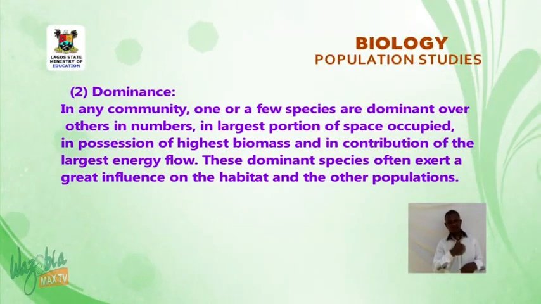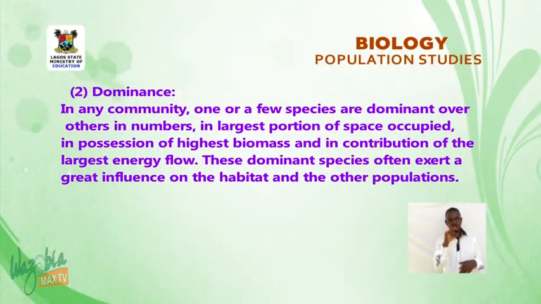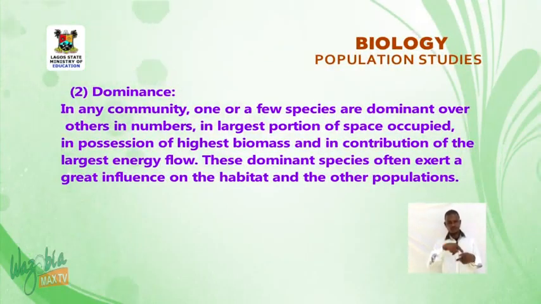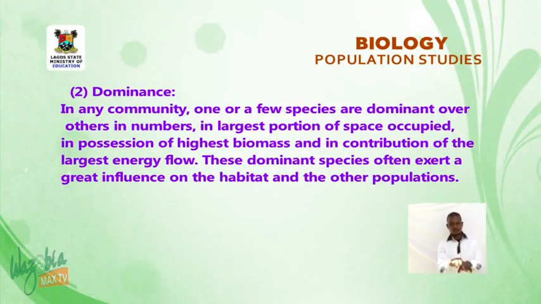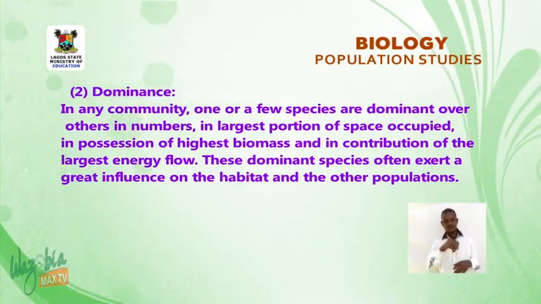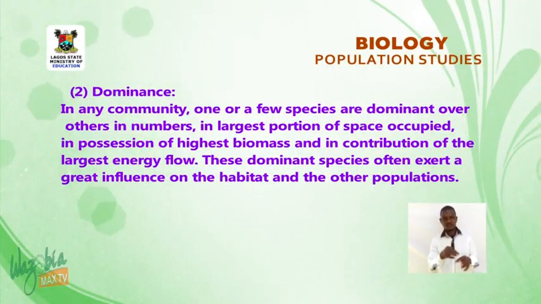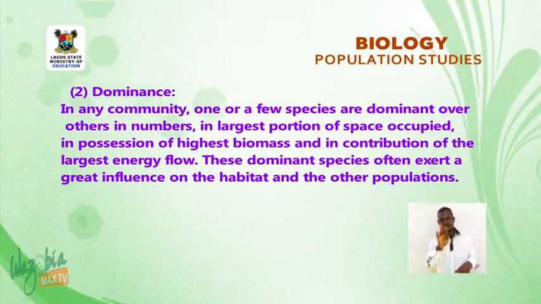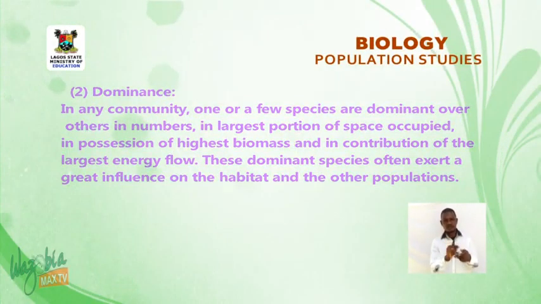Dominance. In any community, one or a few species are dominant over the others in numbers, in largest portion of space occupied, in possession of highest biomass, and in contribution of the largest energy flow. These dominant species often exert a great influence on the habitat and the other populations.